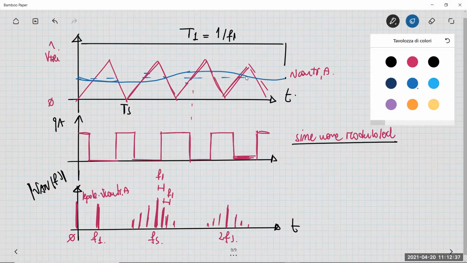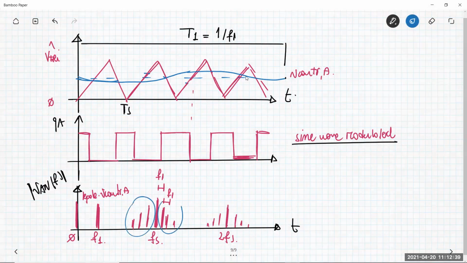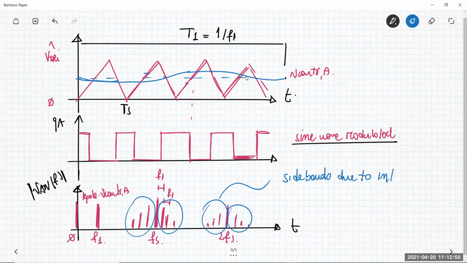This is called, let's say, here and here, side bands due to intermodulation products between, say, the harmonics of the sine wave at frequency F1 and then of the triangular waveform at frequency Fs.